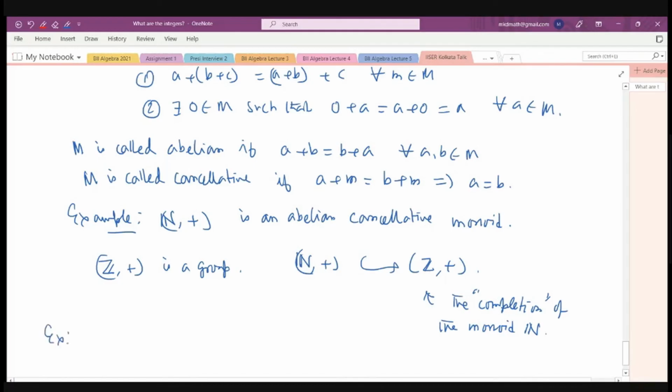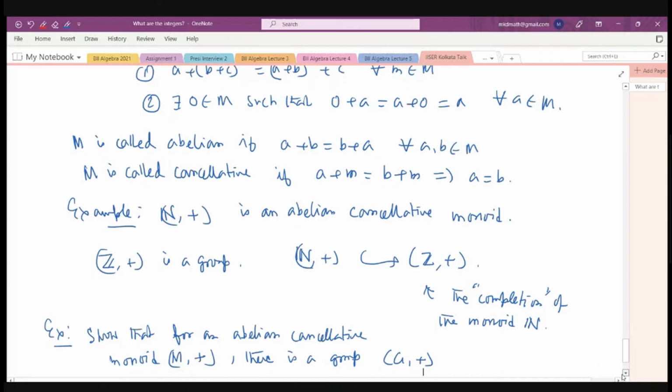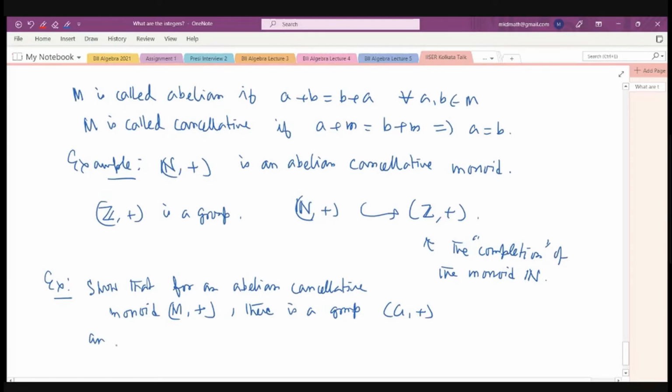Now, exercise: show that for an abelian cancellative monoid M plus, there is a group G plus and an injective morphism phi from M to G, such that, and I'll keep that part, I don't want to get into all this.